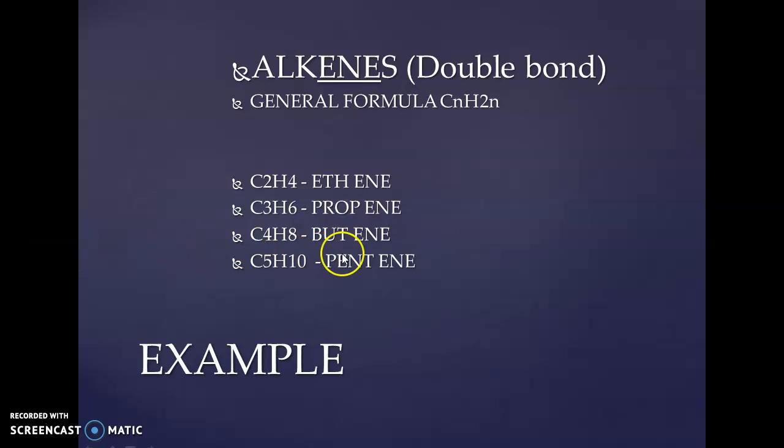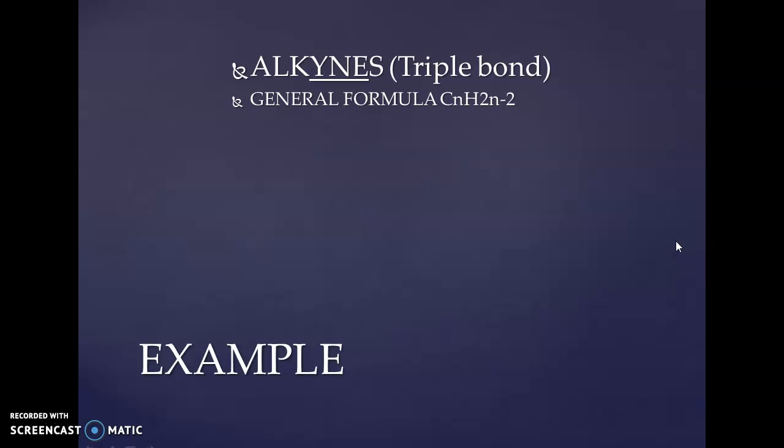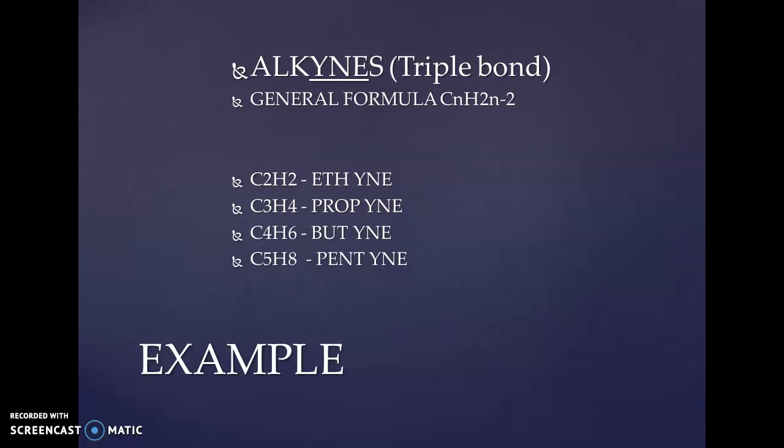Now let us see alkynes, ending with YNE. We all know that alkynes are triple bonded unsaturated hydrocarbons. The general formula is CnH2n-2, where n starts with 2, so C2H2. Again, the successive members differ by a CH2 group, so it will be C3H4, C4H6 and C5H8, which are ethyne, propyne, butyne and pentyne.